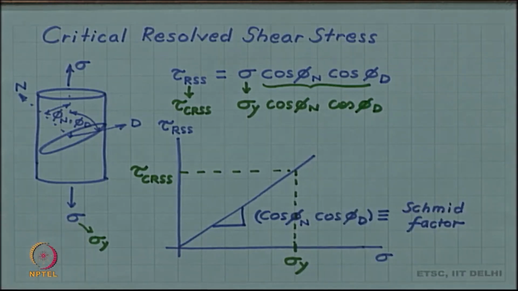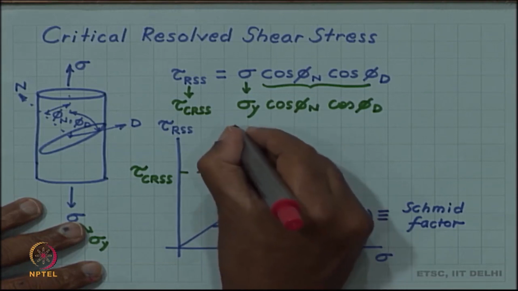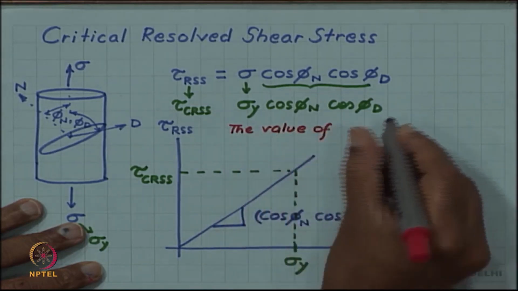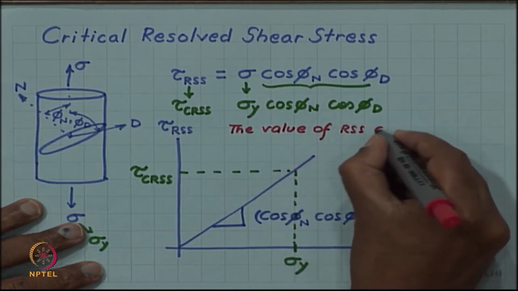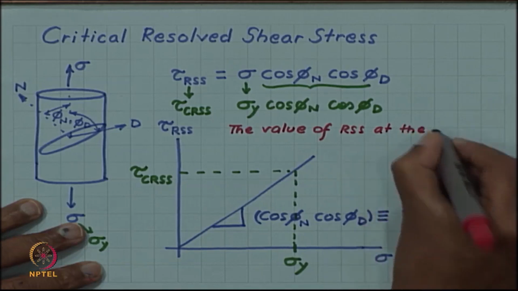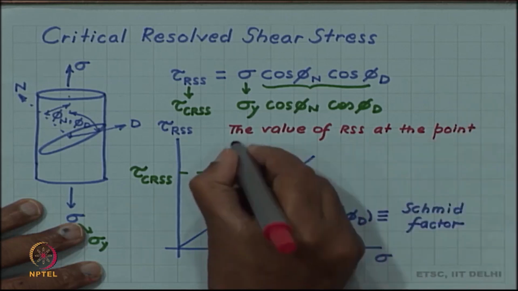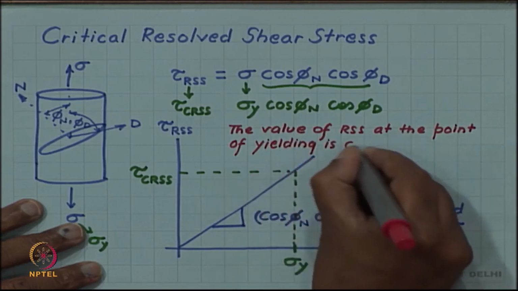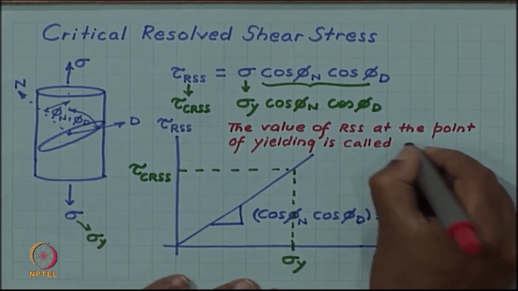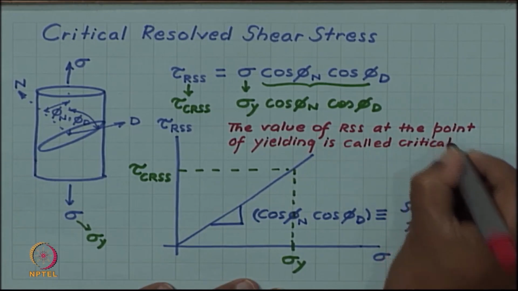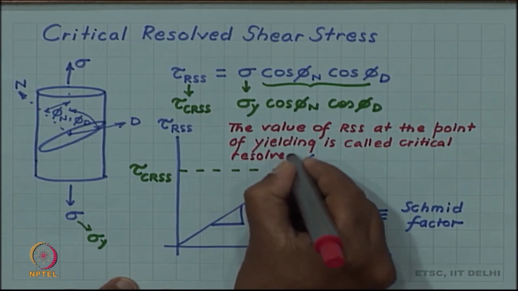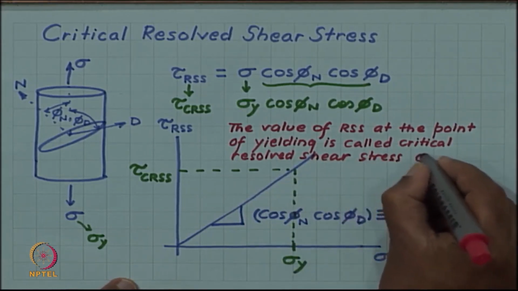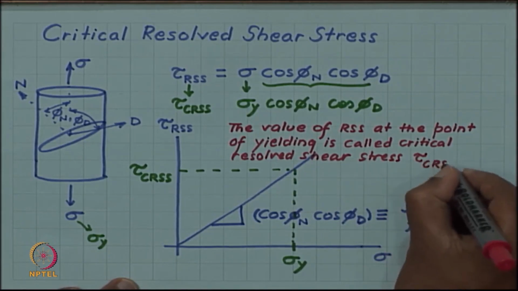So, for completeness, let us write this definition: the value of resolved shear stress at the point of yielding is called critical resolved shear stress. We can call it tau CRSS.